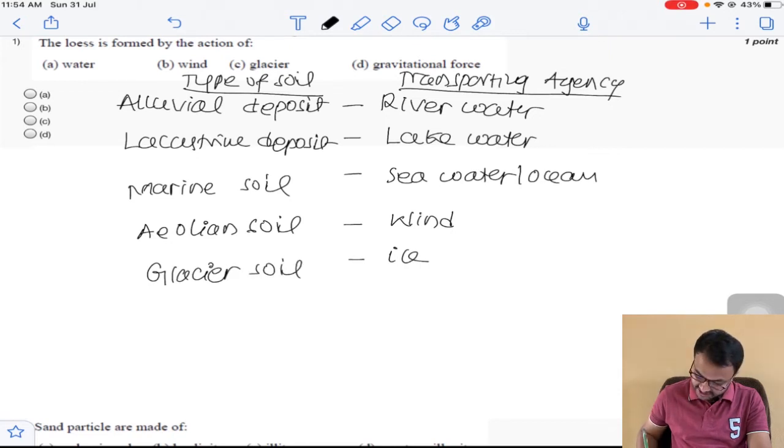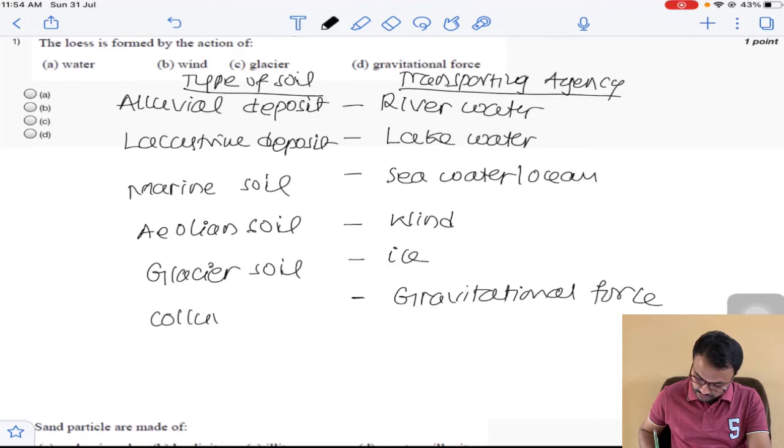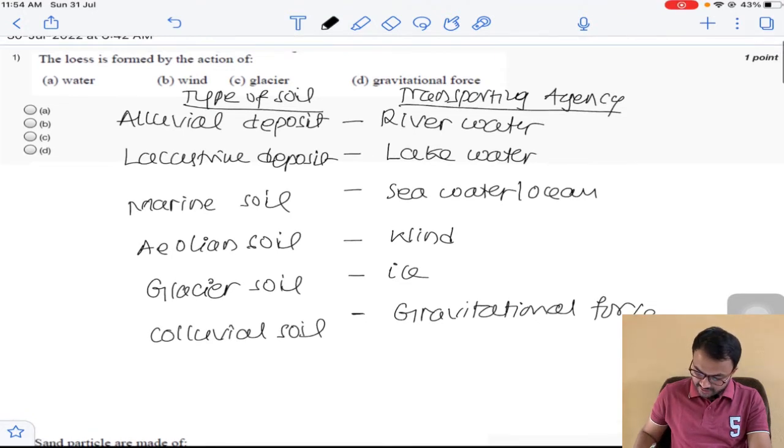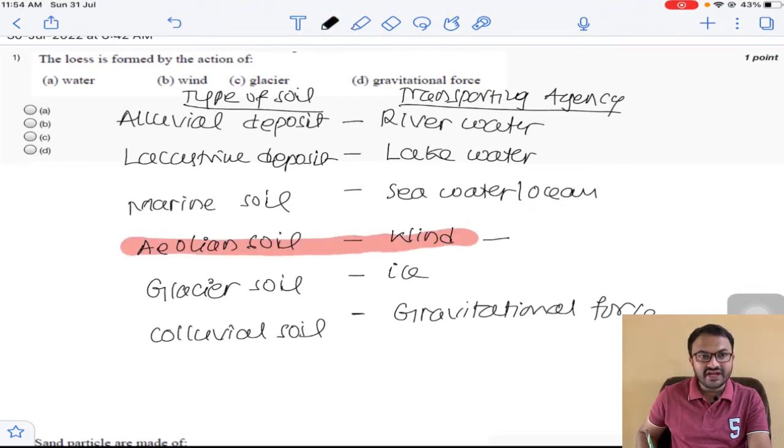If the transportation agency is the action of gravitational force, then the deposit is colluvial soil. So now coming to the given question: loess is formed by the action of wind. It is a form of aeolian soil, it is loess.